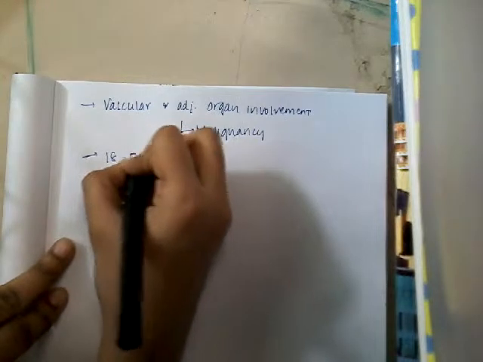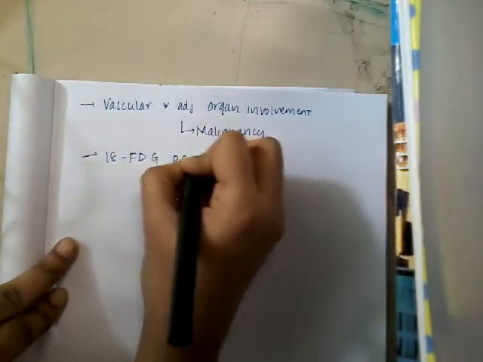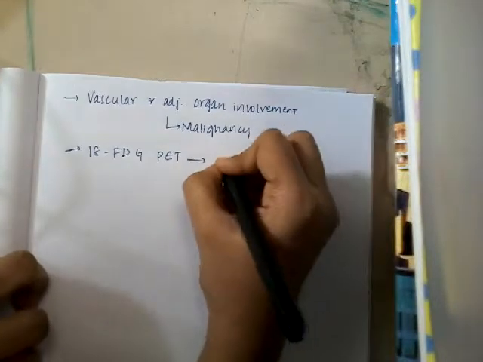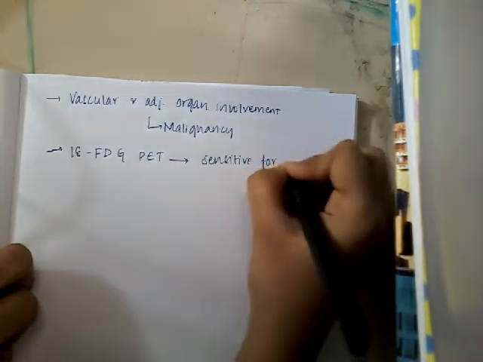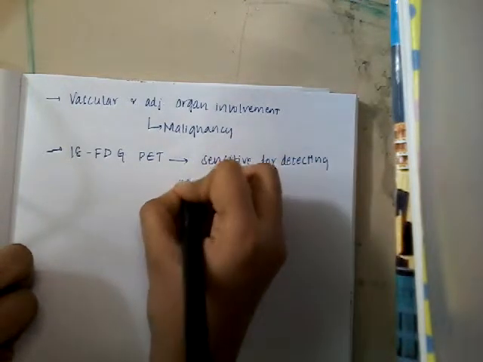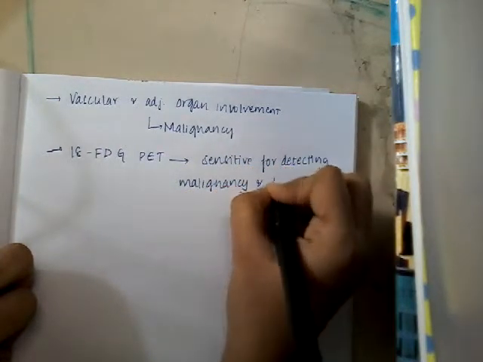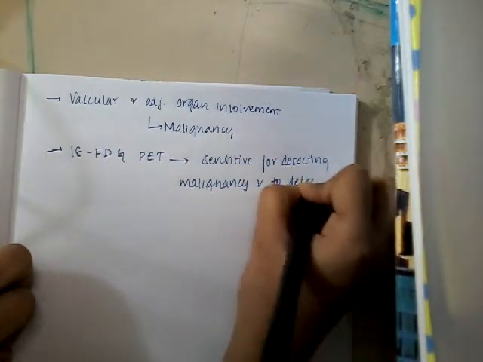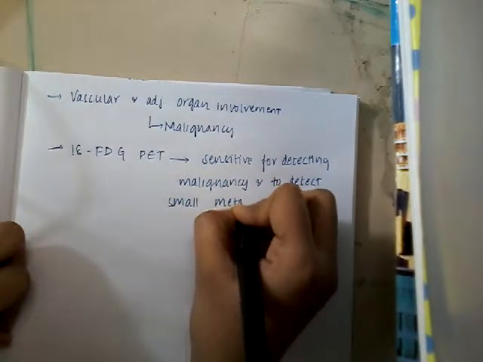And then you can do one more scan, that is 18-fluorodeoxyglucose positron emission tomography. It is sensitive for detecting malignancy, and for detecting small metastasis and local recurrence.